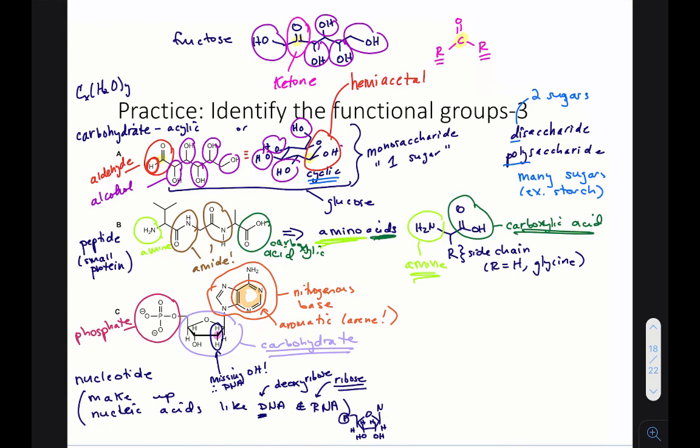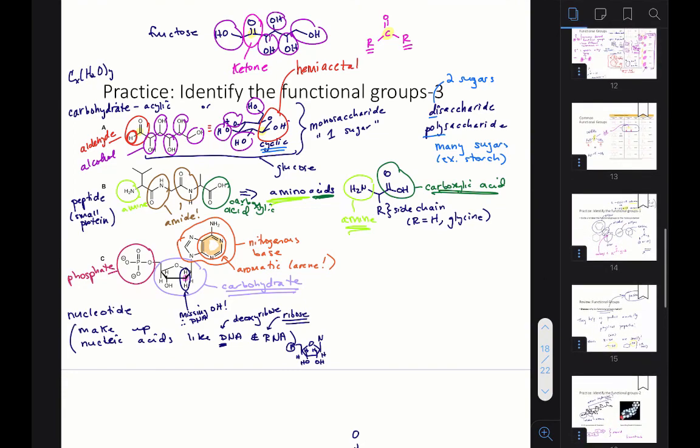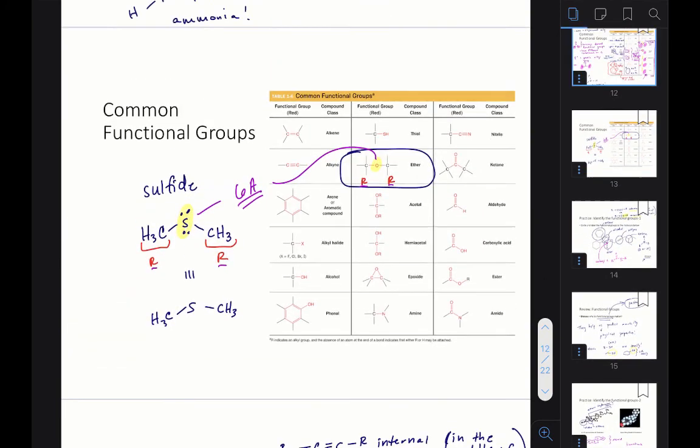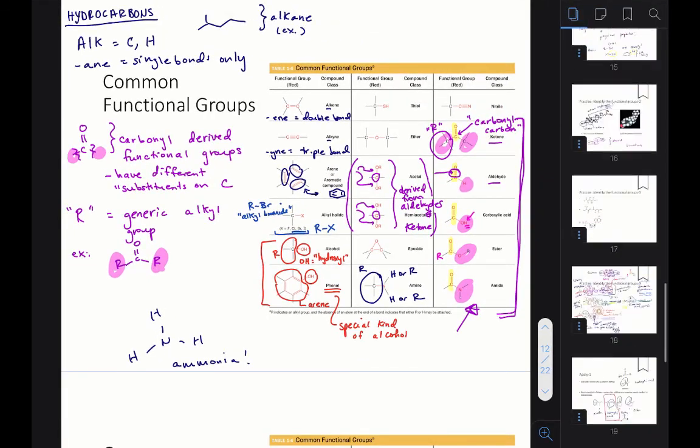What you need to be able to do is say, hey, this is a nucleic acid, or this is a nucleotide. Super. This is a peptide or a protein. Super. This is a carbohydrate. Great. And then if the molecules contain functional groups that we learned, functional groups that are from this chart, then you should be able to identify those functional groups as well. Finally, the very last step, do not skip it.